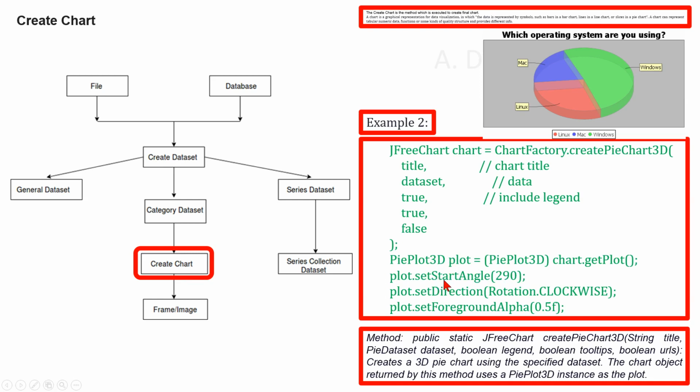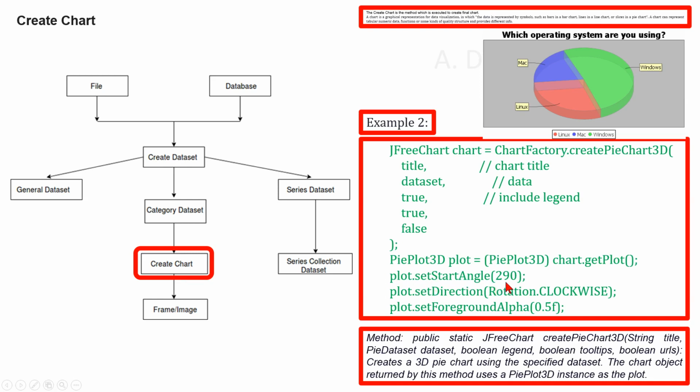The method setStartAngle sets the starting angle and sends a plot change event to all registered listeners. The initial value is 90 degrees, which corresponds to 12 o'clock. The value 0 corresponds to 3 o'clock. This is the encoding used by Java Arc2D class.